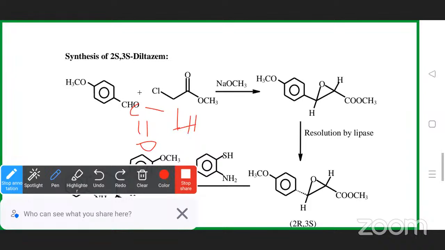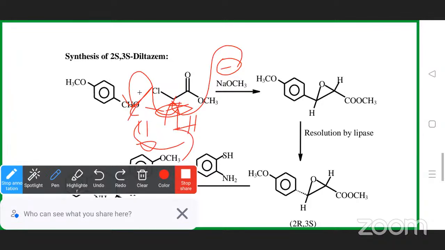You can see this sodium methoxide base is abstracting the proton from this particular carbon, generating the carbanion here. This carbanion is attacking this electrophilic carbonyl center.